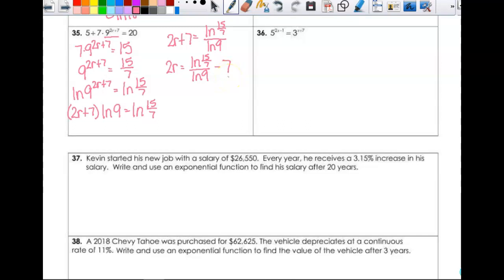Then to get r by itself, you've got a couple of options here, but if you're going to put all this in the calculator, it can be a huge nasty fraction, and that's totally fine. I'm going to divide this whole thing by 2. So I've got the natural log of 15 over 7 over the natural log of 9 minus 7, all of that over 2. And you can type that in the calculator exactly like it looks, and it's no big deal. And you get negative 3.327.